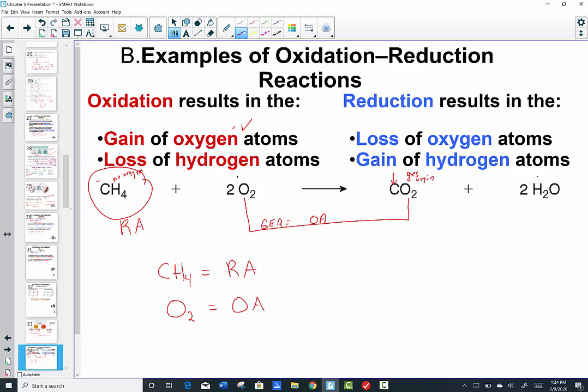And therefore, it's known as the reducing agent. Oxygen was reduced, and therefore we know it is the oxidizing agent. Oxygen gained more hydrogens. That's reduction. Gaining hydrogens is reduction.